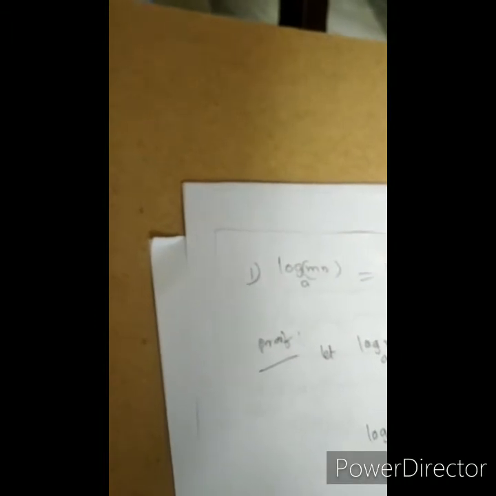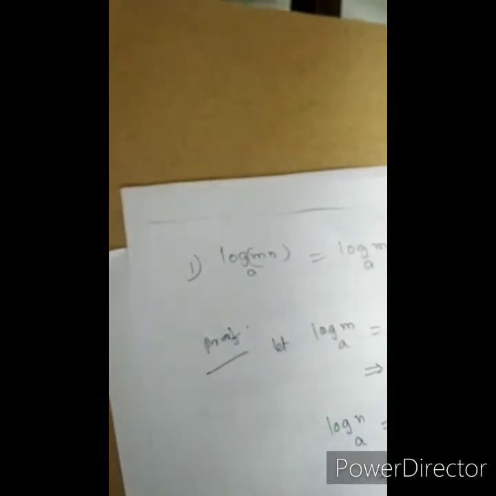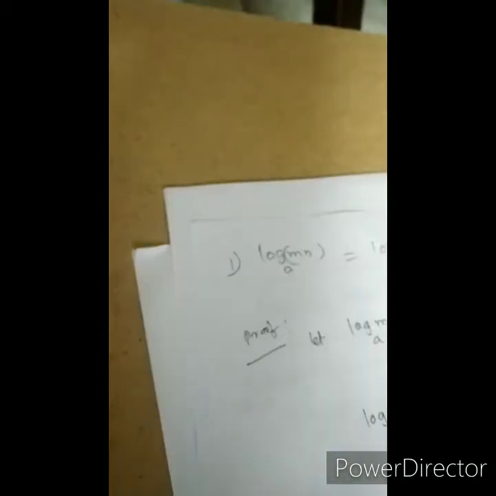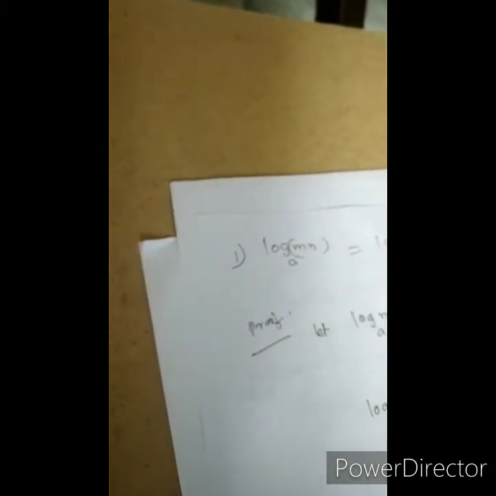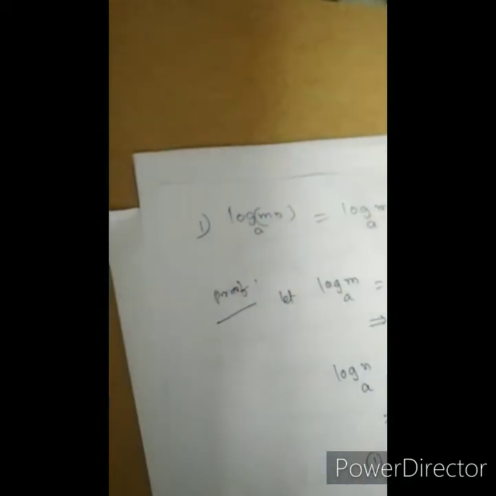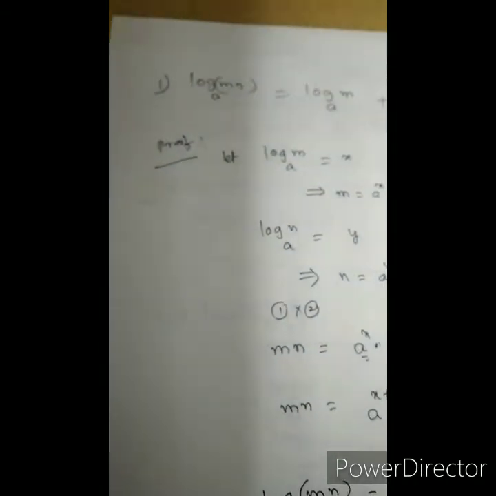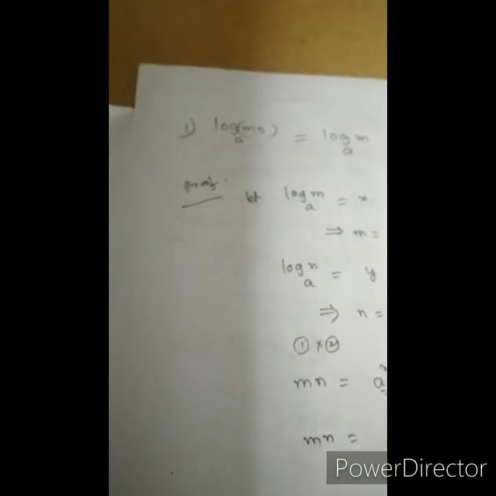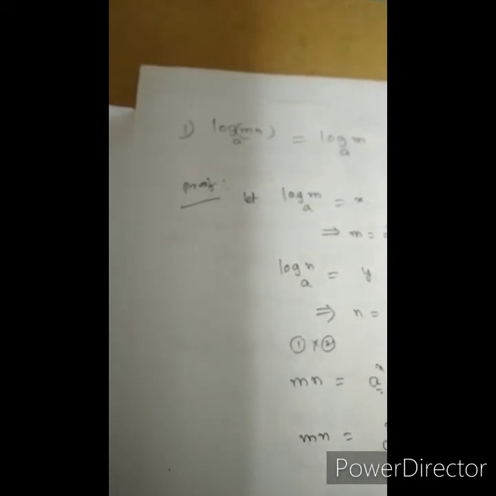Now, from the definition of logarithm, what it says is: if a power x is equal to n, then you can write x as log n to the base a. Same concept we applied here.